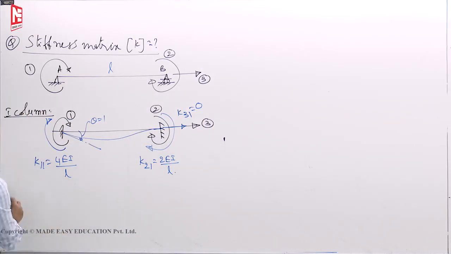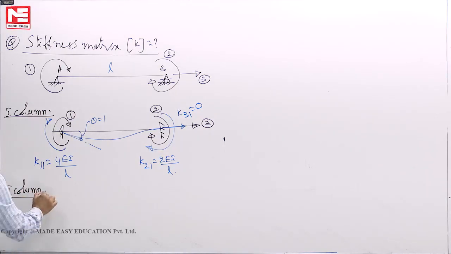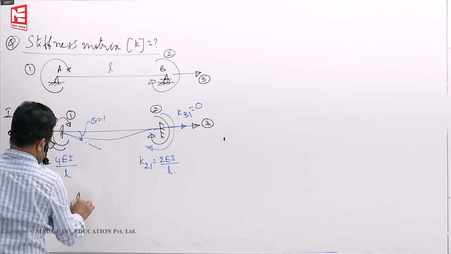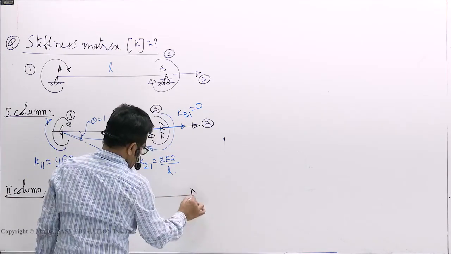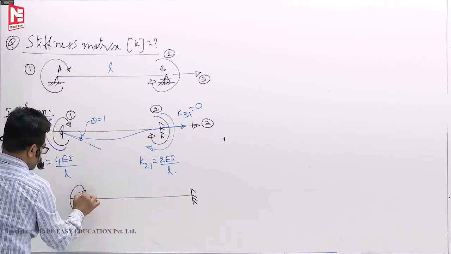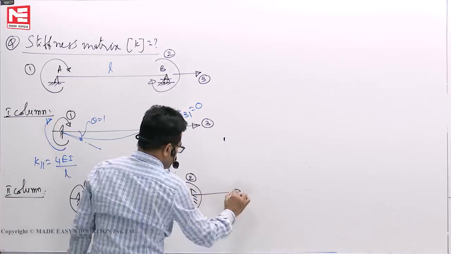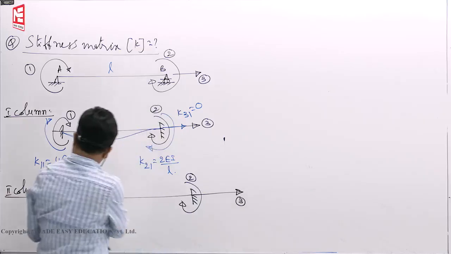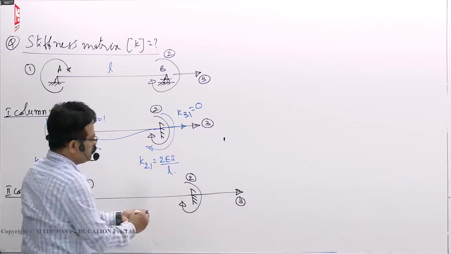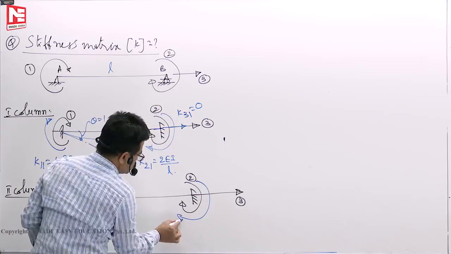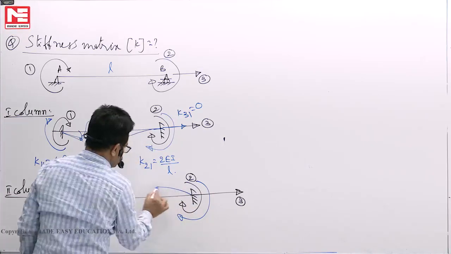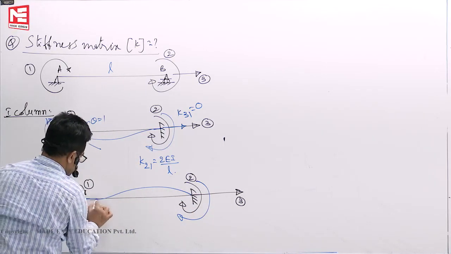Then second column. You don't have to list it directly, I am writing this one. This is called doing the problem relatively fast. 1, 2, 3. Now second column means at the second coordinate you have to give unit displacement like this.